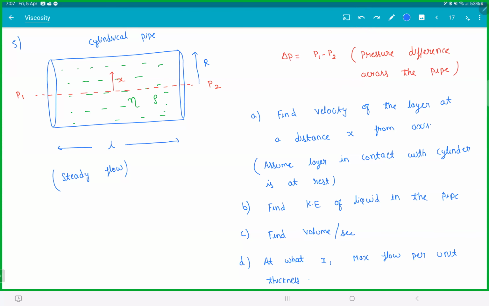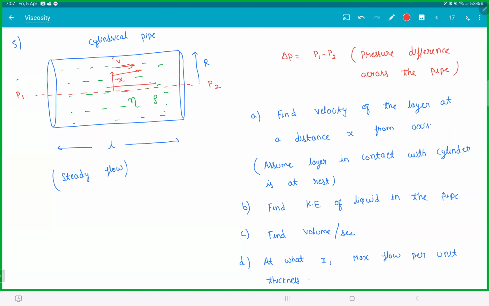So we have a pipe of radius r and length L. Inside there's a liquid of viscosity eta and density rho. Because there's a friction, liquid won't go on its own. Someone has to push it. How do we push it? By applying external pressure. So we are applying pressure P1 on the left and pressure P2 on the right. So the difference in pressure is P1 minus P2. Because of this pressure, the liquid started moving. But last time, I showed you in the beginning, the edges will be at rest.